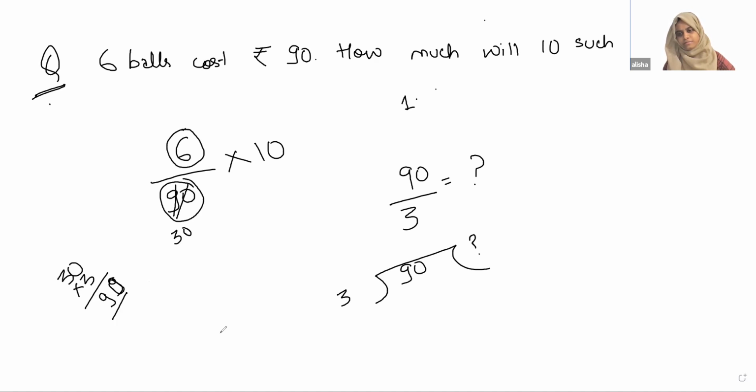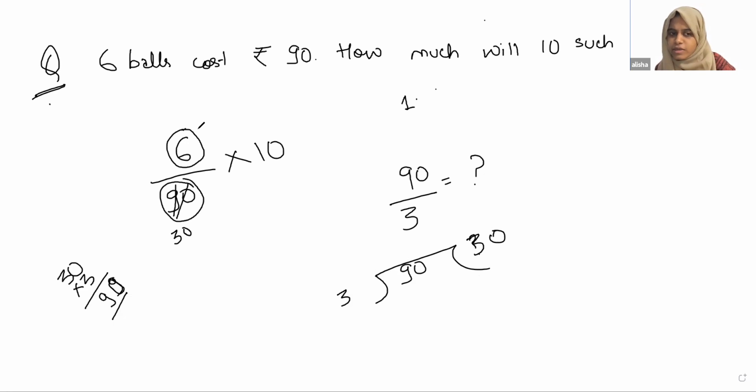Tell. Ma'am, 30, right? You can tell me the answers by this method also, okay? Tell me the answer by this method. So I divided 90 by 3 and I got 30. So I wrote over here what? 30. Is it correct? Yes, ma'am.